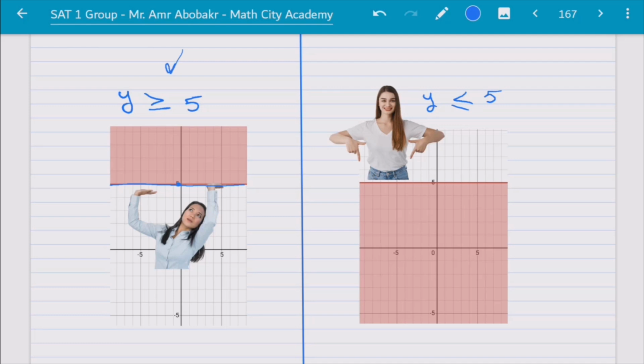Because this is greater, I'll color the area that lies up to the line. And the opposite one, y smaller than or equal to 5, from 5, I'll color the area that lies down or below the line.